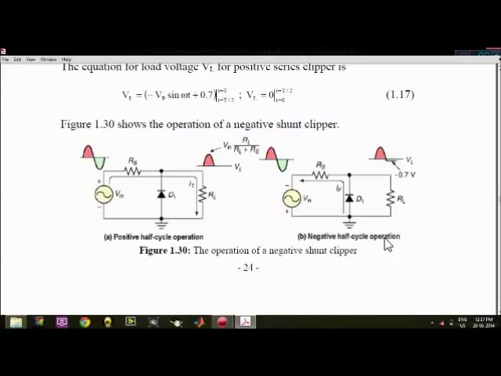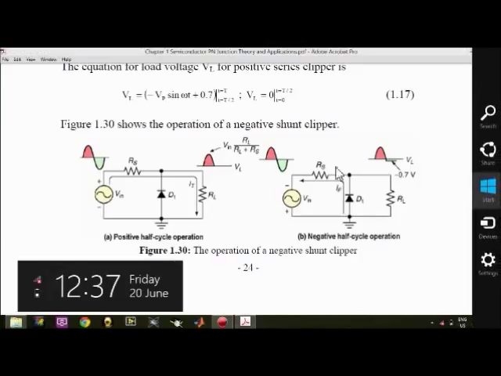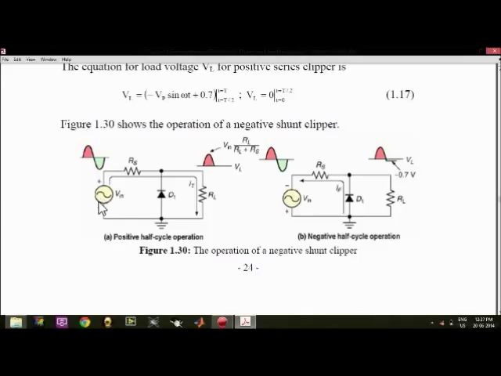Now this picture shows you the operation of the negative shunt clipper. When the AC source is given across this diode D1, the current flows and we get the output.